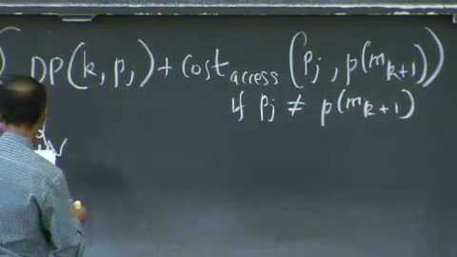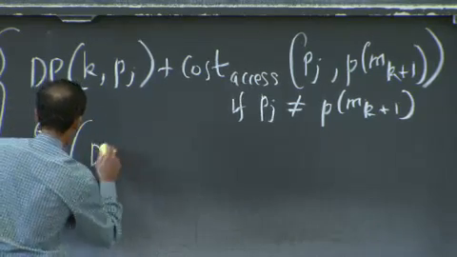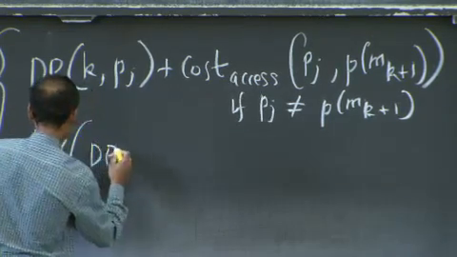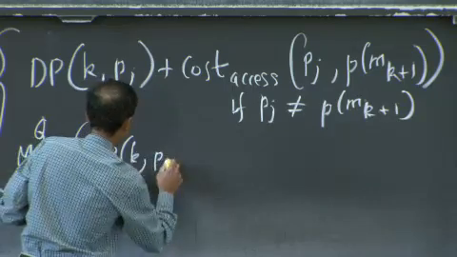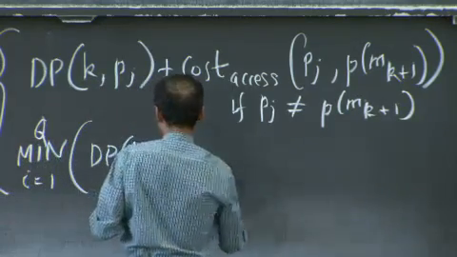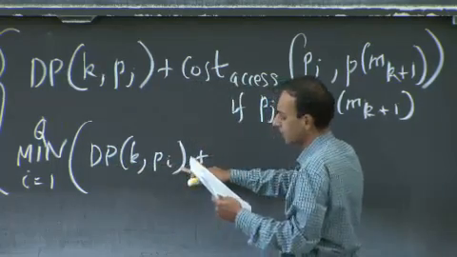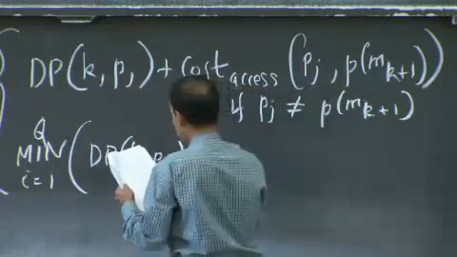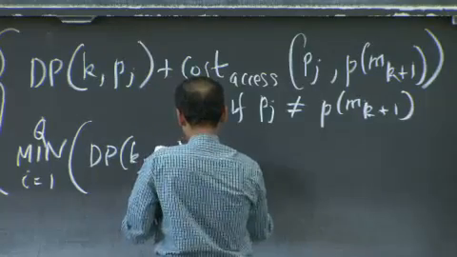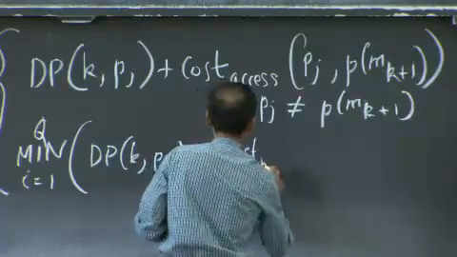So that's one case. The other case is to use the minimum solution, optimum solution corresponding to ending at Pi, and do a migration.